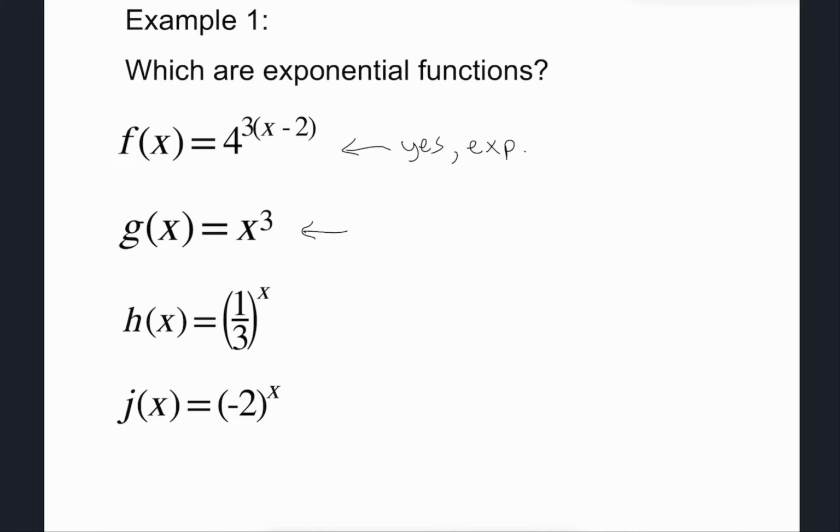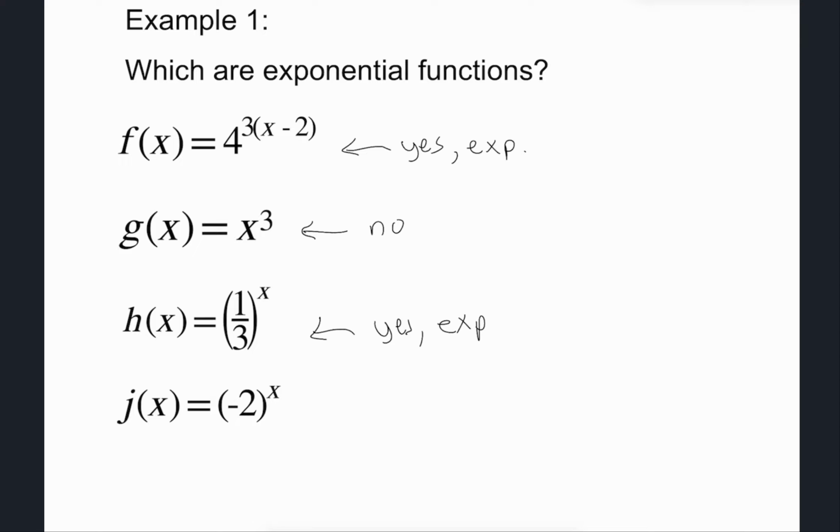The x is not our power, it's not up there as the exponent, so that's a no, that's a polynomial. Our third one here, our h function, you'll see this is a function of x. Now, as long as this number is a positive number, like here we had a positive 4 base, here we had a positive 1/3 base, that would be considered an exponential, yes.